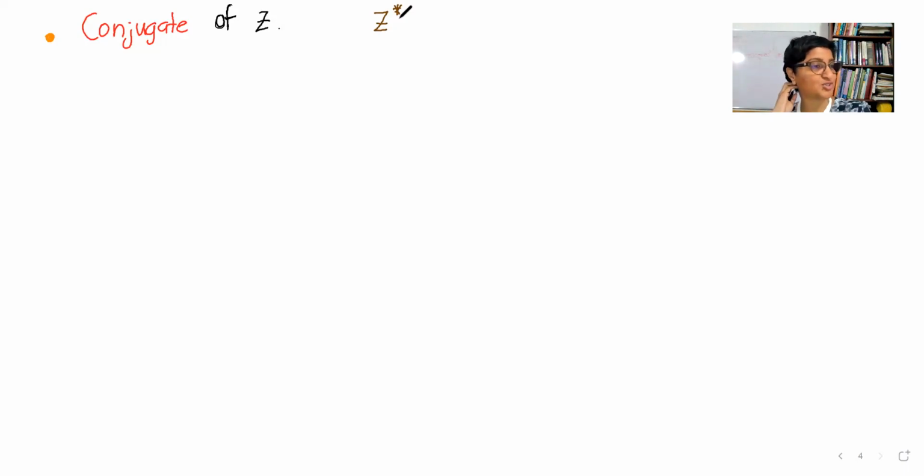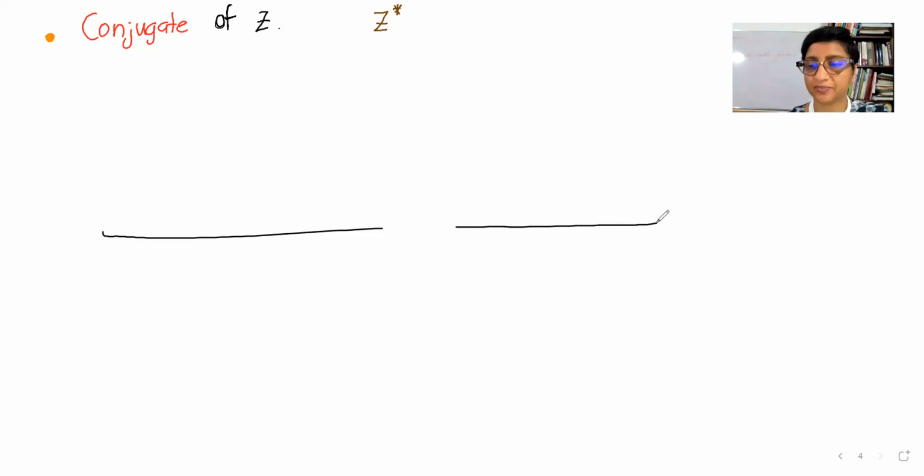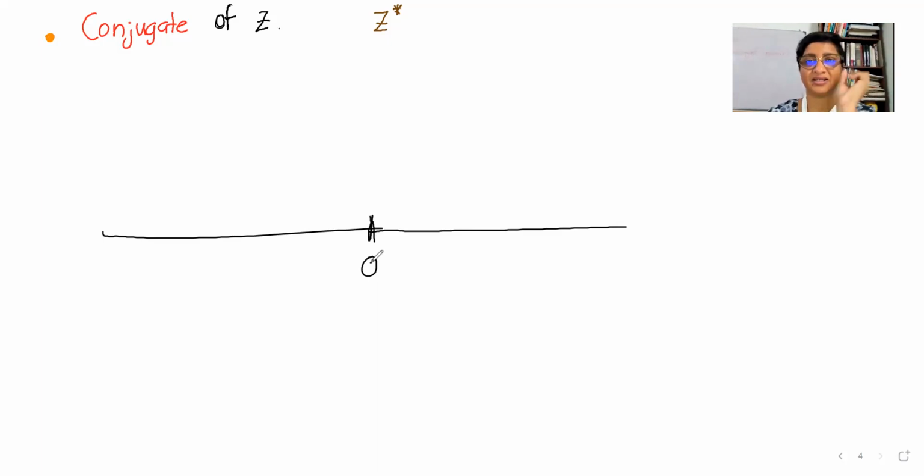I like the conjugate idea. Now, when you were just on the real number line, and don't draw this, when we only knew the real number line, there was some kind of symmetry around 0. There is no midpoint for the real number line, because it's an infinitely long line.